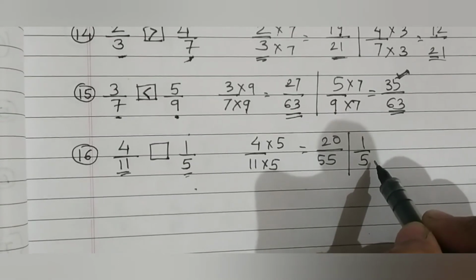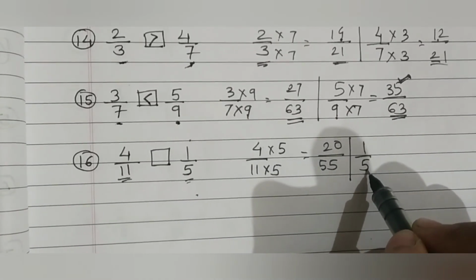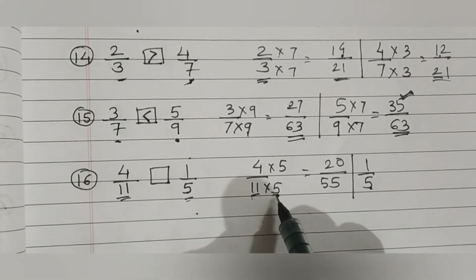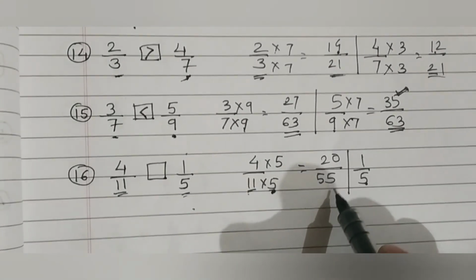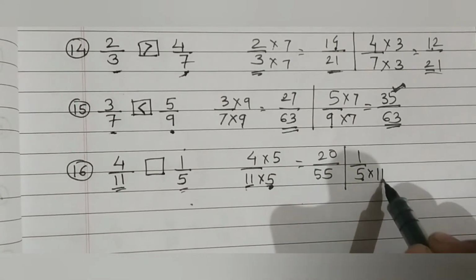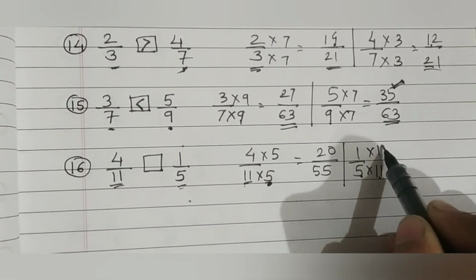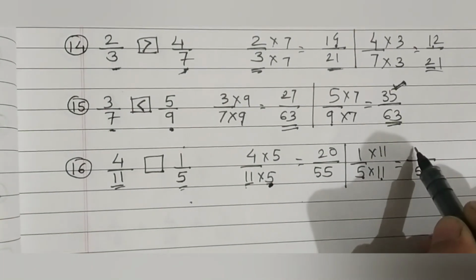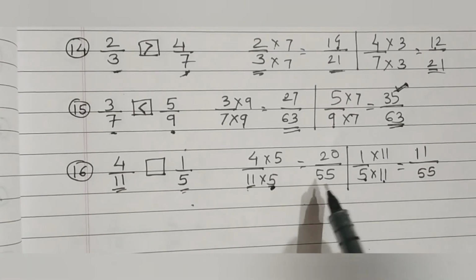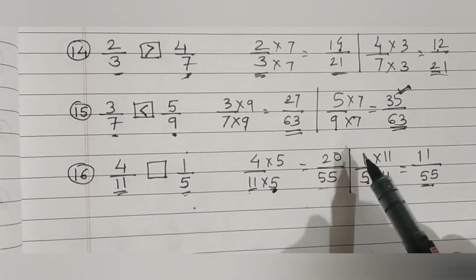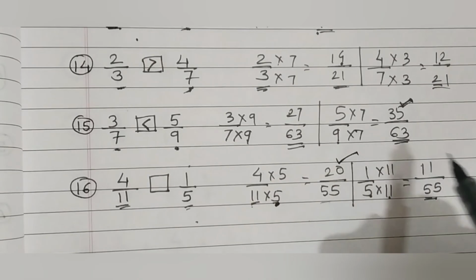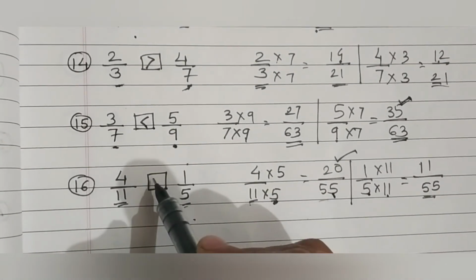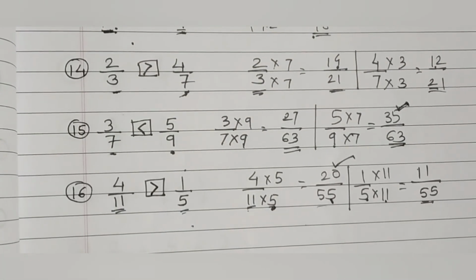Okay, so 1 by 5, I need to multiply this 5 with 11, because here also you can see 11 multiplied by 5, 55. So here we have to take 11 and here also we have to take 11, right? So here you will get 55 and here you will get 11. So same denominators. Let's check numerators. Which is the greater numerator? 20. So 20 is the greater numerator, so it is a greater fraction. So we have to give sign like this.